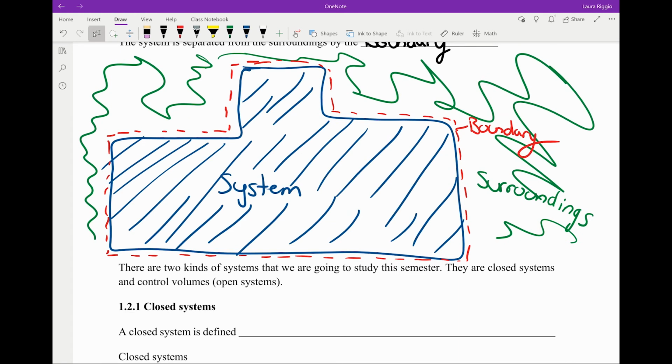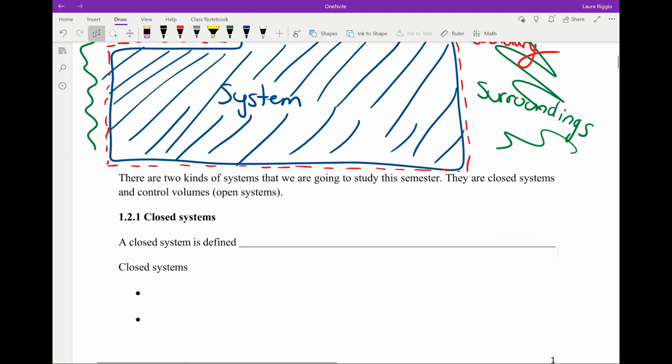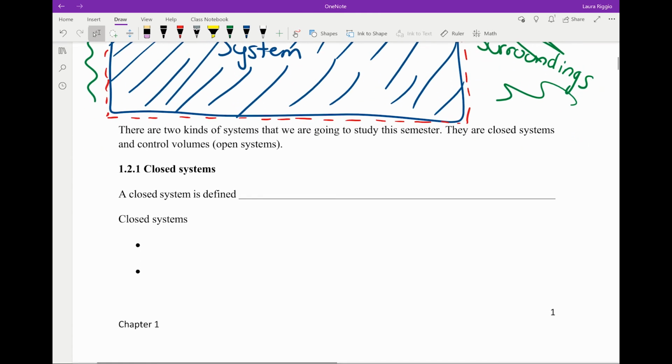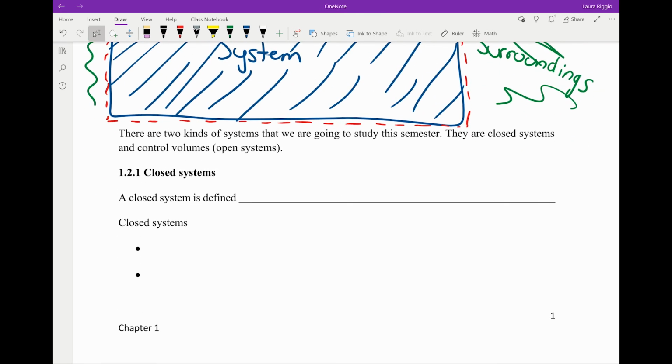So there's two kinds of systems that we're going to study this semester. The first are closed systems, and the second are open systems or control volumes.